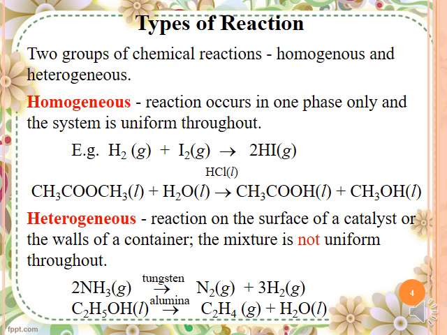If you look at the example here, when we have hydrogen react with iodine forming hydrogen iodide, all are in the gas state. So that's what it means by homogeneous. Similarly, the second reaction here, all in liquid state.